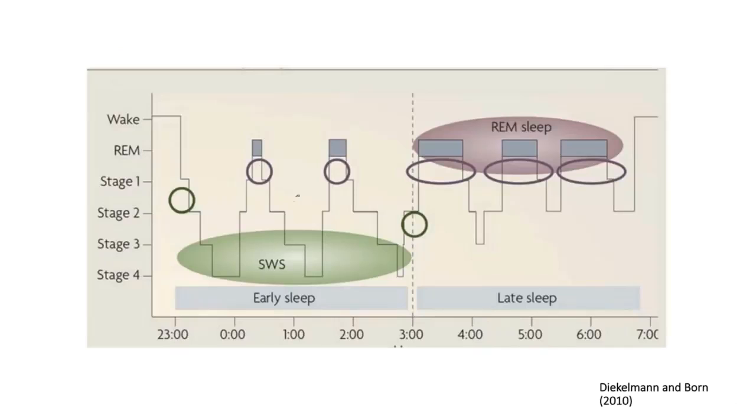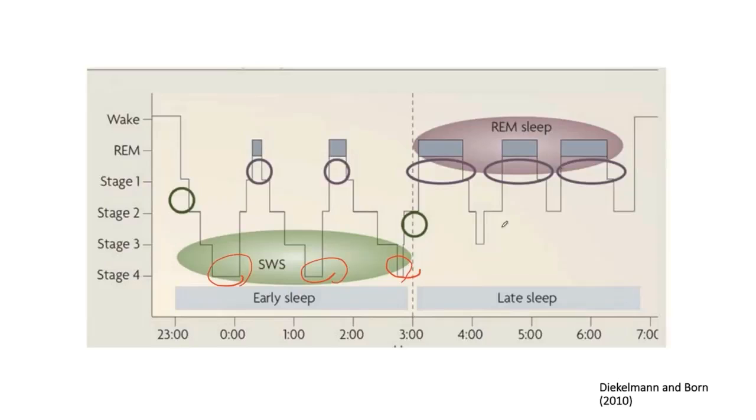Okay, so this is how we label these phases as REM and non-REM, and sleep could be generally divided into two parts. One is slow wave sleep in the first part, and then the later sleep, which is more dominated by REM sleep, while the first part is mainly dominated by slow wave sleep.